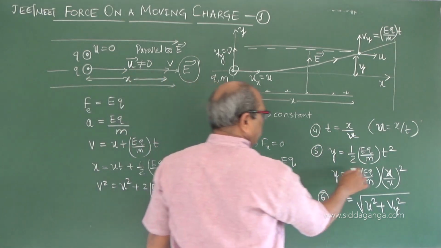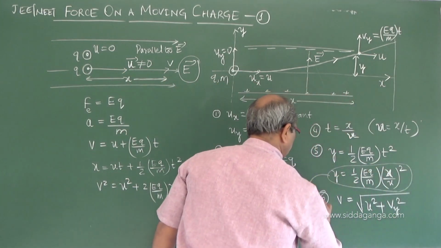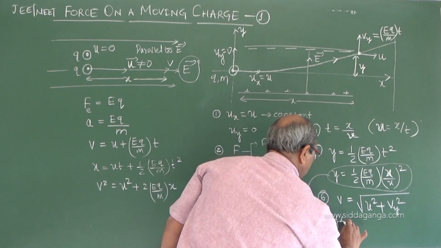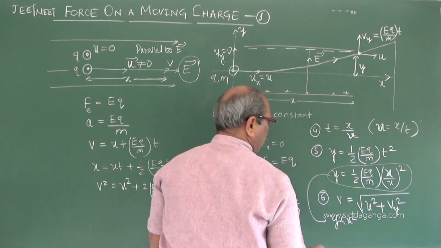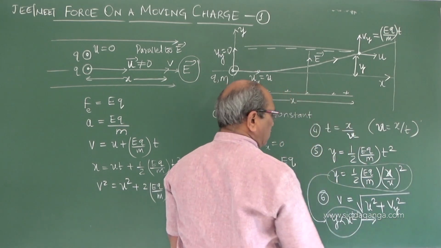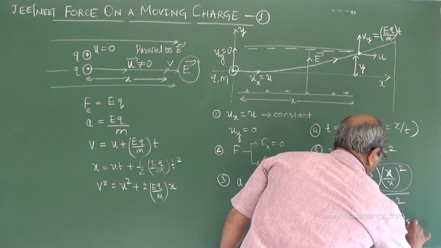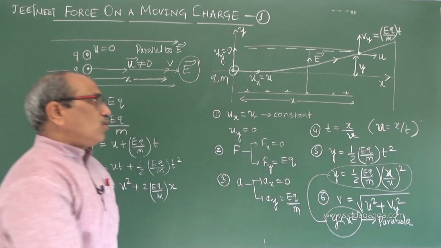And if you look into this relation, all other factors are constant except y is proportional to x square, which suggests the path of the charged particle in the electric field, when it enters perpendicular to the electric field, is a parabola.